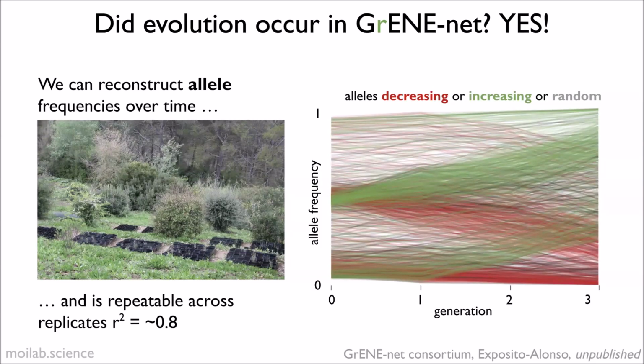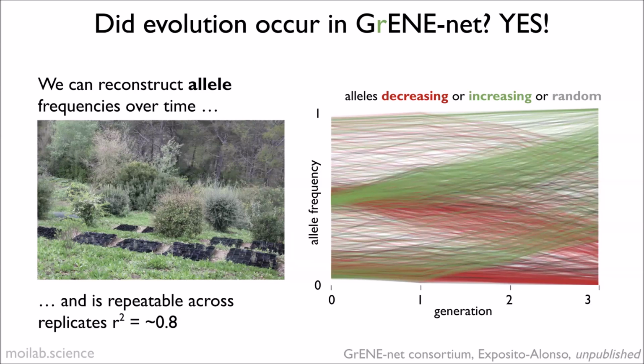What we see is that there is evolution happening in GreenNet. We see allele frequency trajectories that are parallel across independent replicates, which suggests that there's likely natural selection involved. And the rationale here is that we expect lots of allele frequency changes. But if it was drift driving them, in independent replicates, then we would see that those allele frequencies go in all directions.